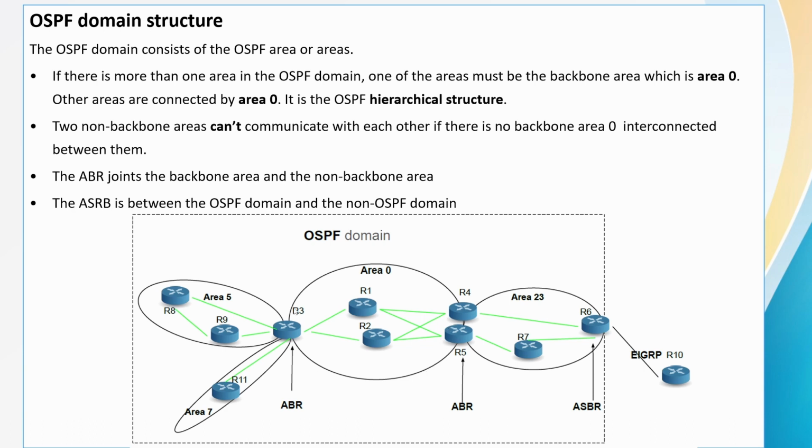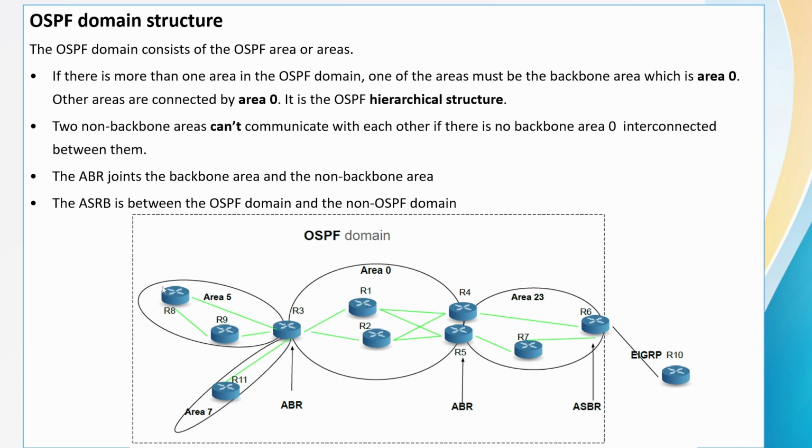This OSPF domain contains multiple areas. If it contains multiple areas, area 0 must exist here, so area 0 exists. Area 0 connects all the other areas. Area 0 connects area 5, area 7, and area 23 in this diagram.